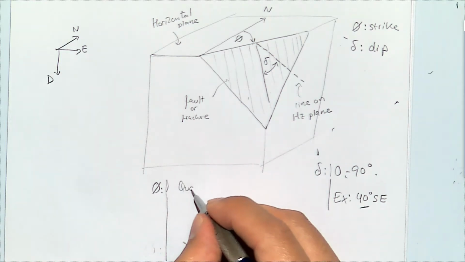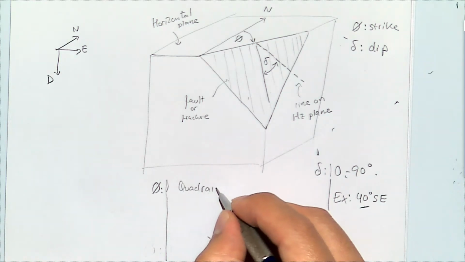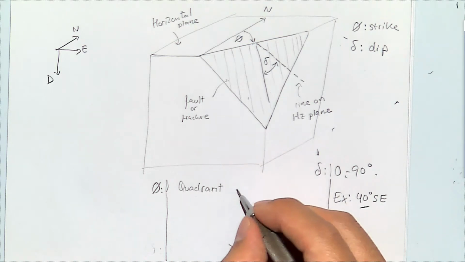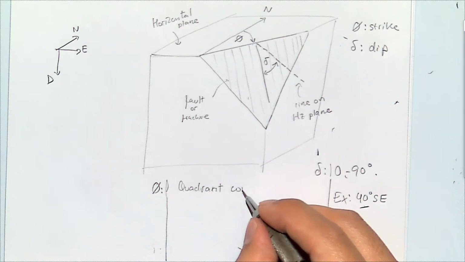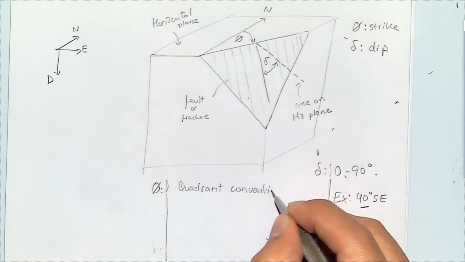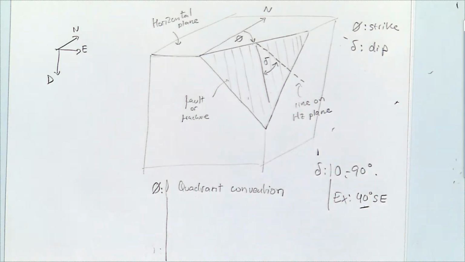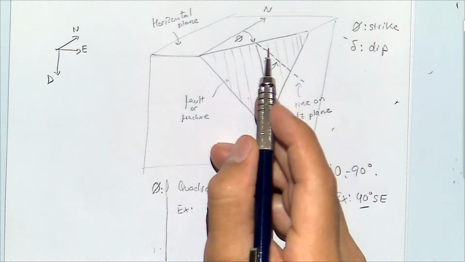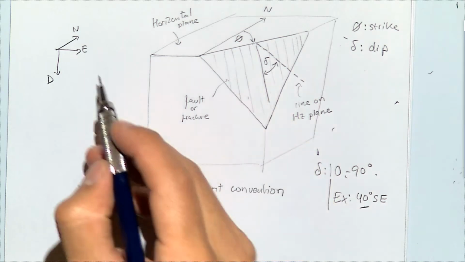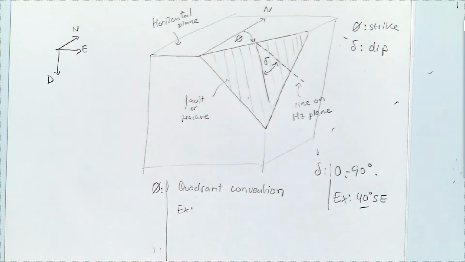There is what is called the Quadrant convention. And in this convention, what you do is you refer to this angle in a particular quadrant. What I mean is, for example, this fault and this strike is between the north and east.